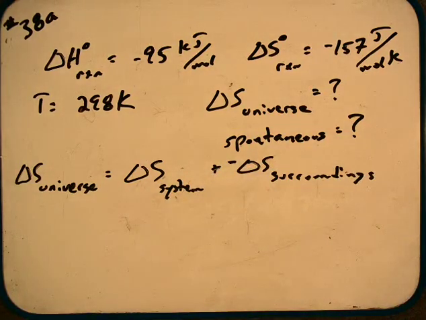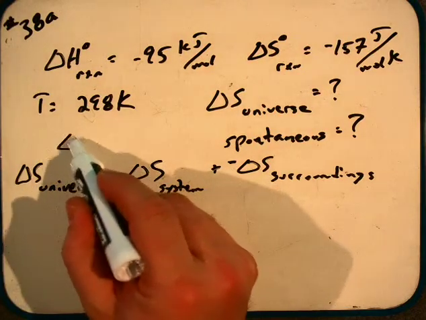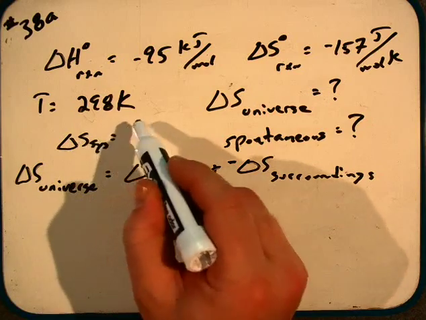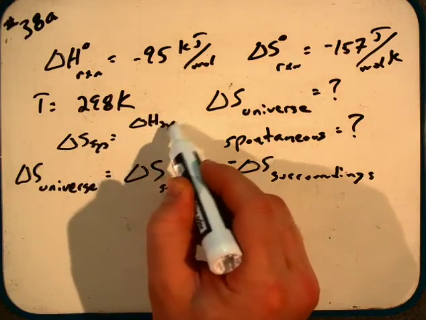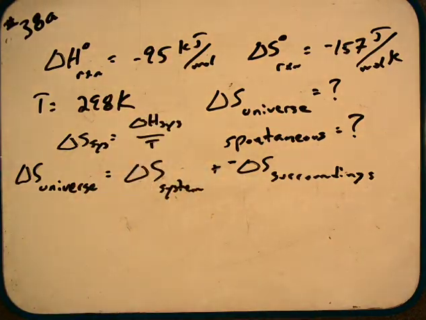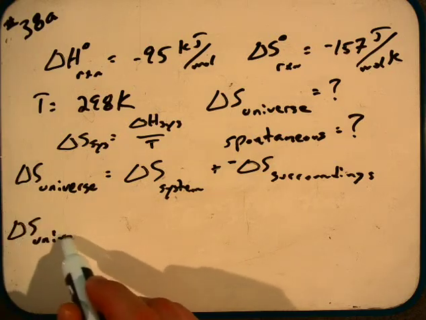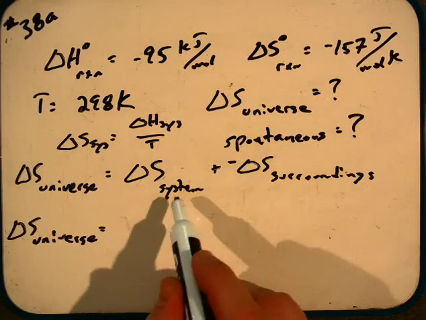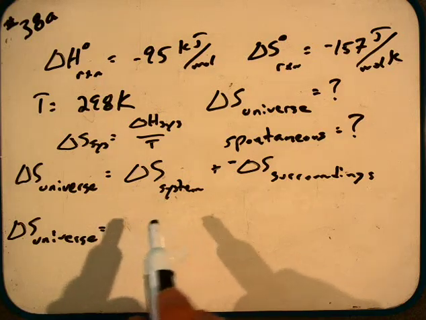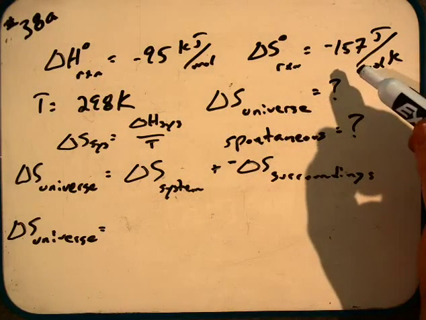Given our relationship between delta S and delta H, namely that delta S is equal to delta H over temperature, we can use that equation to solve this expression. So we're trying to find the delta S of the universe, and that is equal to the delta S of the system. And remember, the system is really the reaction.